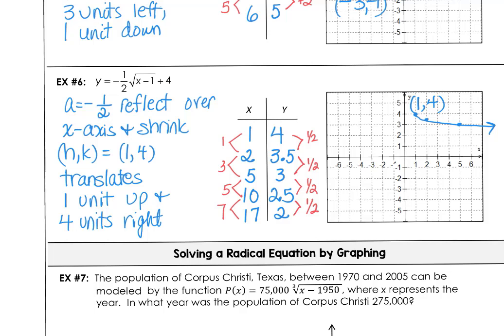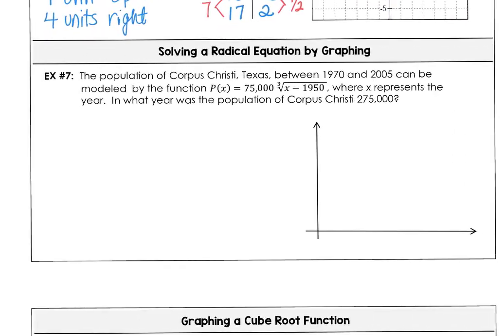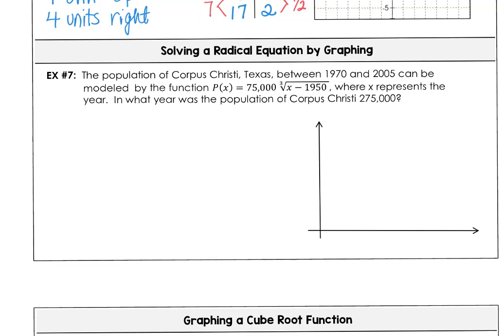In example 7, we want to use a calculator, and I'm going to let you know what I used for my settings, and then you might want to turn the video off and set this up on your own.